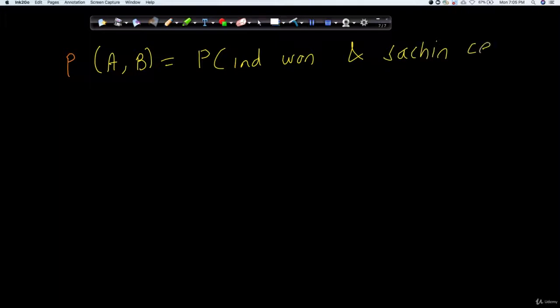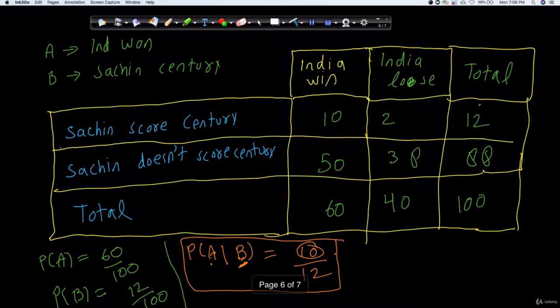Can I say 10? No, we can't say that, right? So we are trying to get a joint probability. Why am I putting a comma? This comma can also be represented like this, meaning I could have also said intersection. Some people write like that, some people write like this. So what is the probability that India won and Sachin hit a century? If you go back, this is 10, and from what sample space am I talking about?